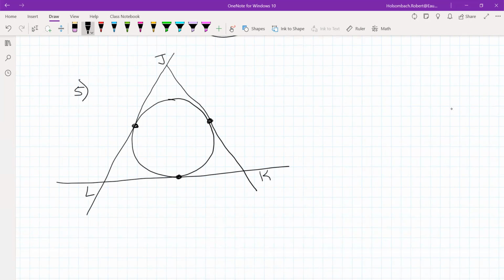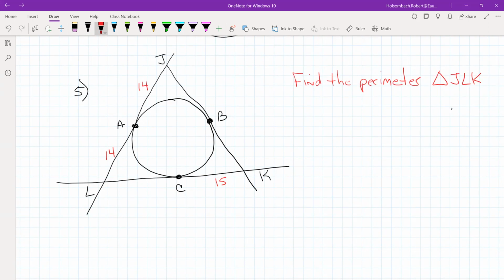And your tangents are labeled ABC. What you're told is JA is 14. AL is 14. And CK is 15. And you need to find the perimeter of triangle JLK.